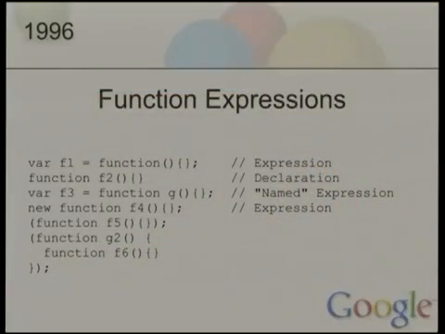So, you know, I could call function f2 as a function the same way I would call var f1 as a function. You know, very little difference. Function f3 is an interesting one. So this obviously looks very silly. In the spec, what's meant to happen here is you just get var f3 and you're able to call f3.